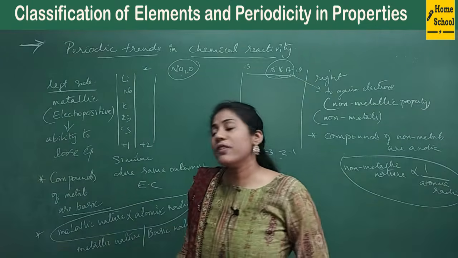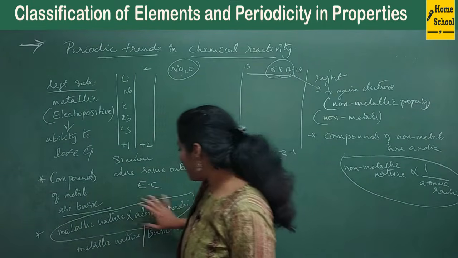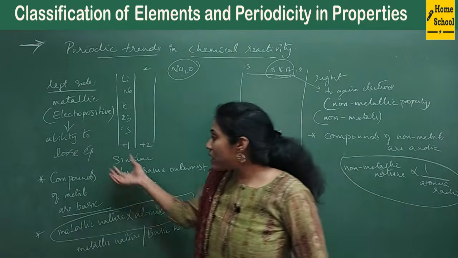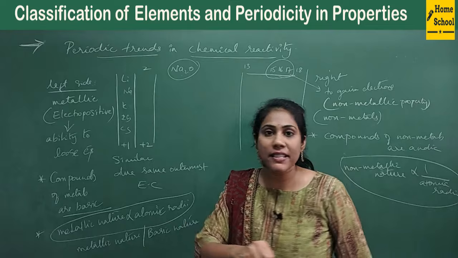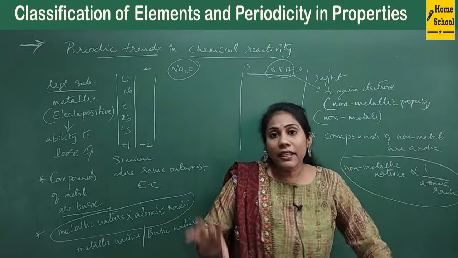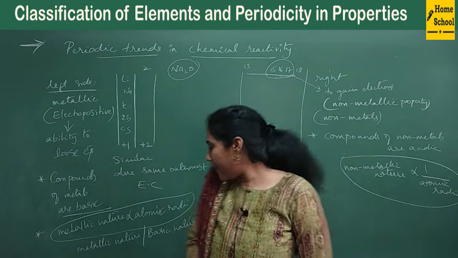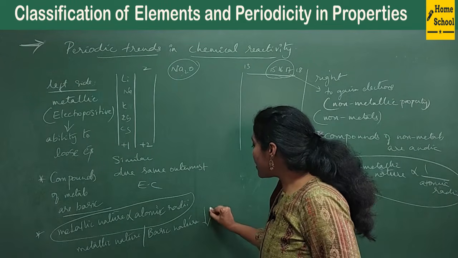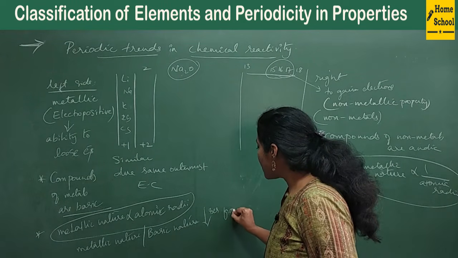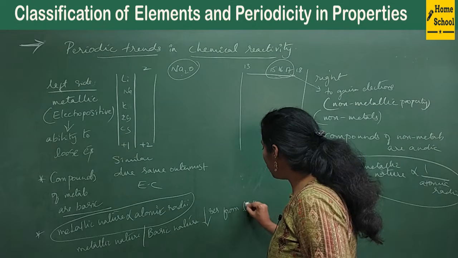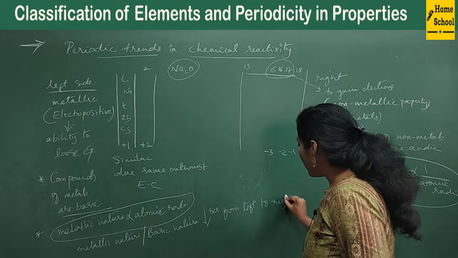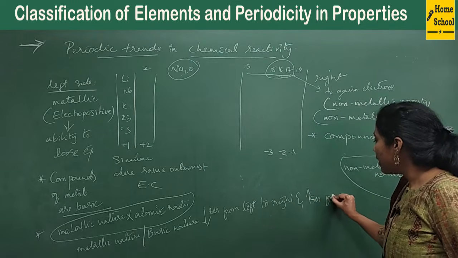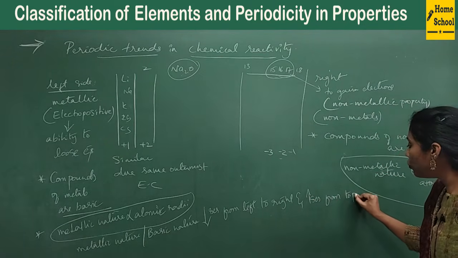But one thing is very clear, metallic means basic nature, non-metallic means acidic nature, because compounds of metals are called bases, compounds of non-metals are acidic. See, metallic nature or basic nature always decreases from left to right, and increases from top to bottom.